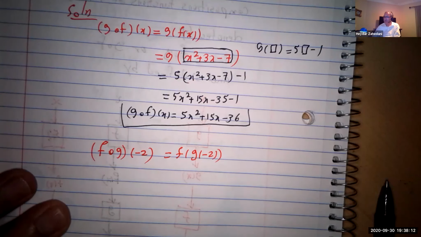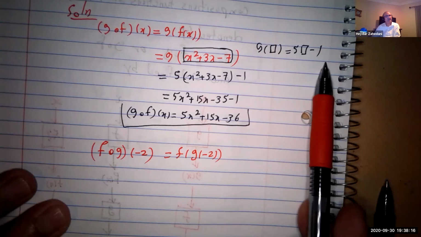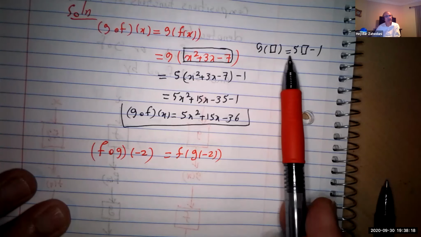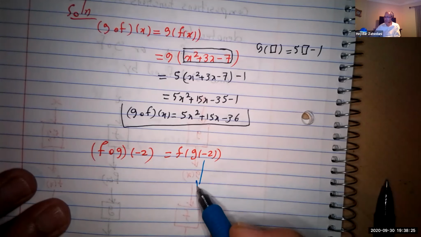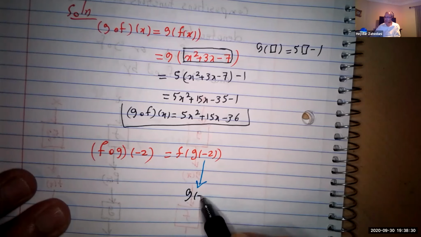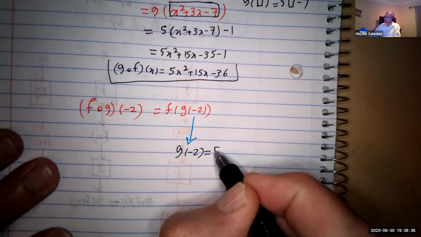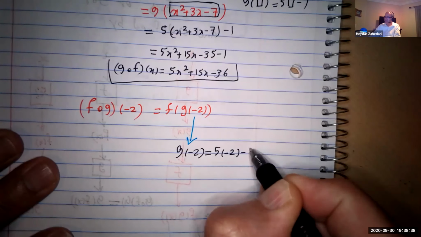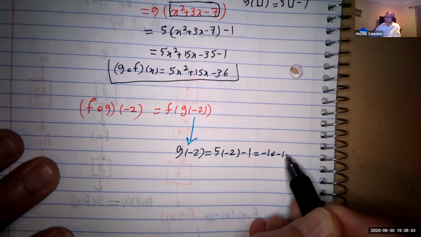Remember, g of x is 5x minus 1, so g of box, and the box is negative 2. Go to the function g, 5x minus 1: 5 times negative 2 minus 1. 5 times negative 2 would be negative 10, and negative 10 minus 1 would be negative 11.